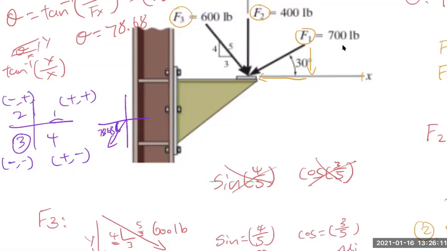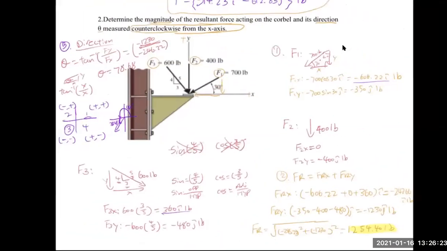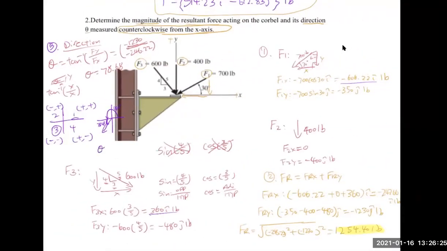And if we are asked to find the angle measured counterclockwise from the x-axis, then we have to add this angle right here, which is 180 degrees. So our final answer is going to be theta equal to 78.68 plus 180.